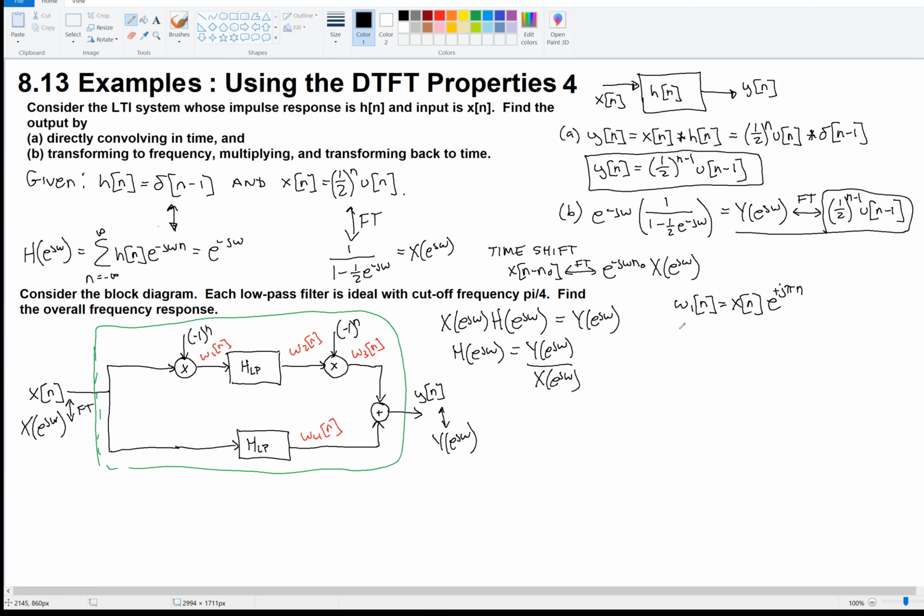So when we take its Fourier transform, W1 of e to the j omega, what effect does this have?